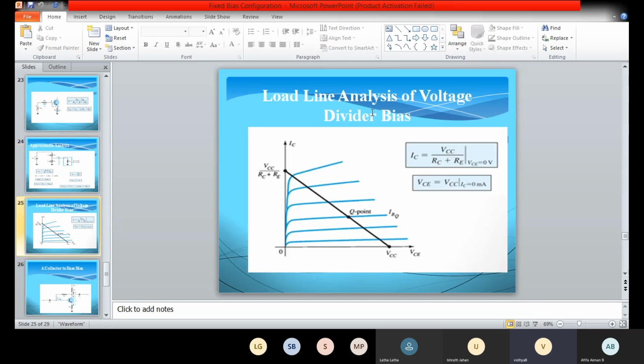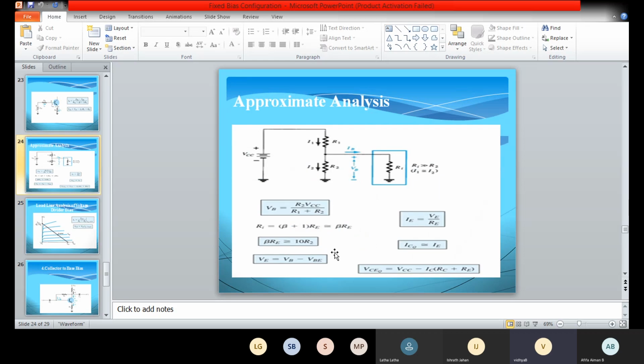Load line analysis of divider bias is the same as before. First you apply VCC as 0 and find out IC. Next you make IC as 0 and you'll get the VCE value. From this equation, if we make VCE as 0, what will you get?